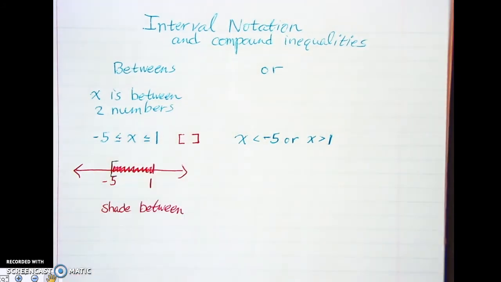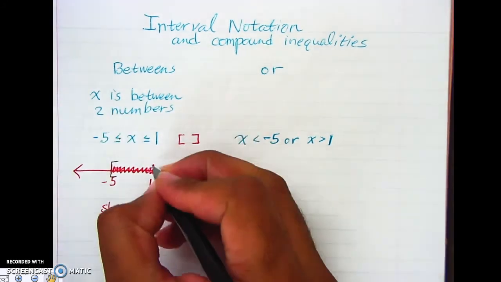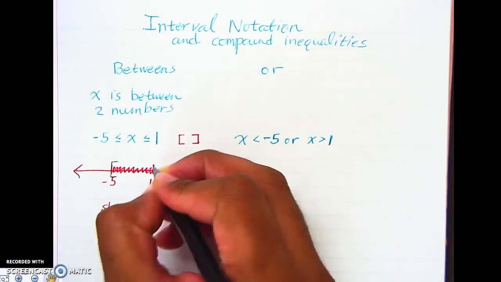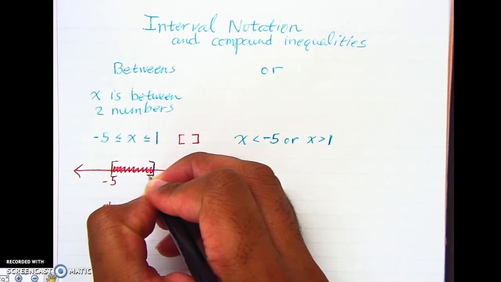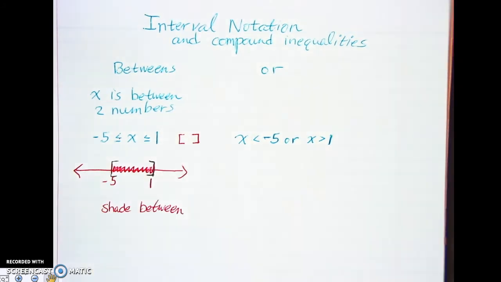And then on this side, we're going to use the other one because it needs to, again, cup around that shaded area. And so that's not bad. We can do that. That's not really hard at all.